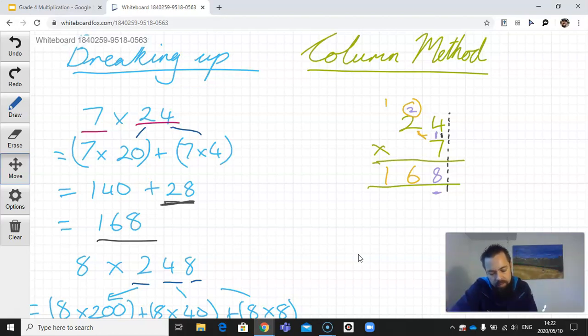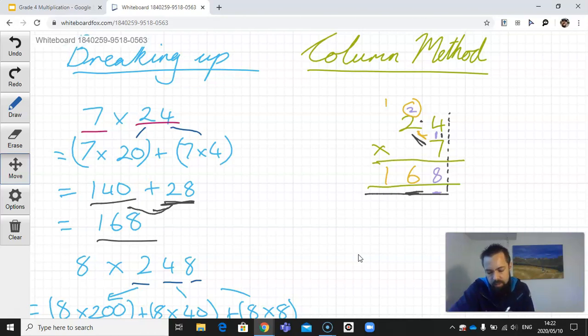And then when I went 2 times 7, I got 14. But bearing in mind that this is actually a 20 because it's in the 10 space, so I got 140, which is over there. And then the extra 2 to make up the 6 comes from when I added the 2 from the 28. So this just kind of does it all in one step, so I get to my answer without having to add the pieces together in such a complicated way.